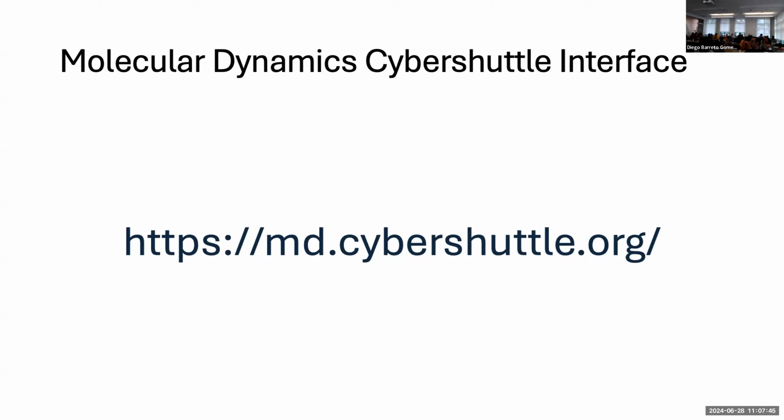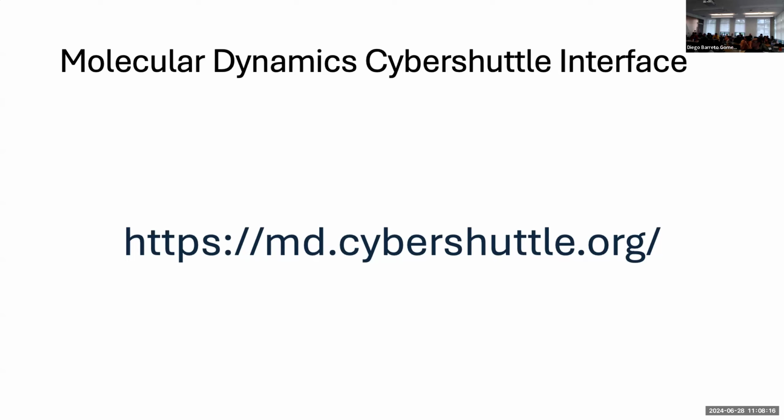Yeah, so for now, this is more focused on NAMD. But as you see, it is not NAMD.CyberShuttle, right? Eventually we want to add all molecular dynamics codes and simulations and the analysis tools. For this week, or maybe for this month, it will still be just NAMD. But we know how to add applications.